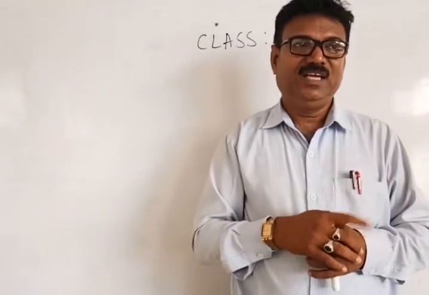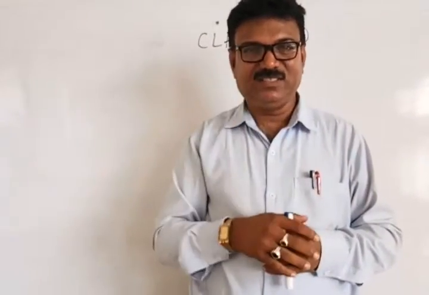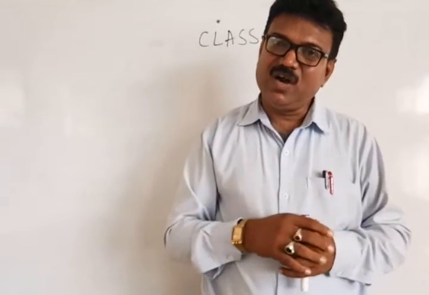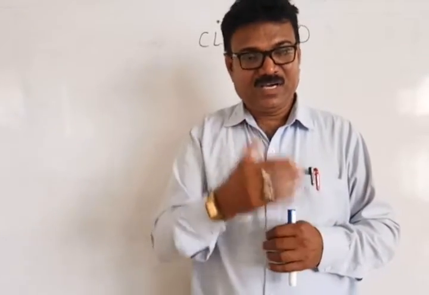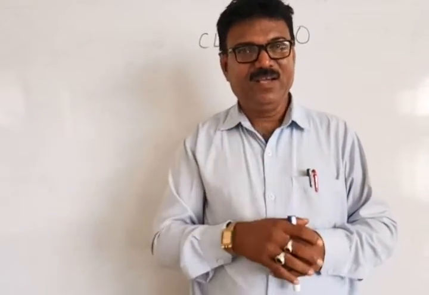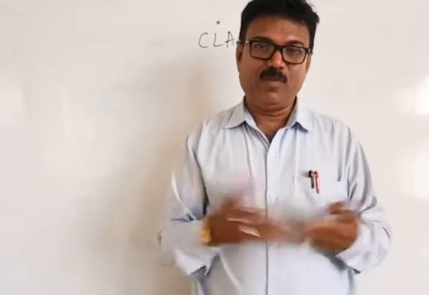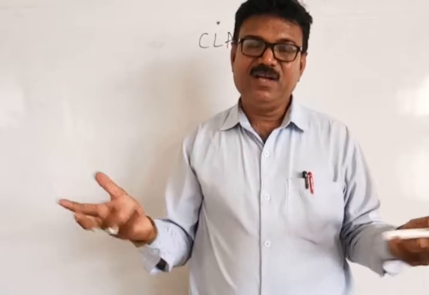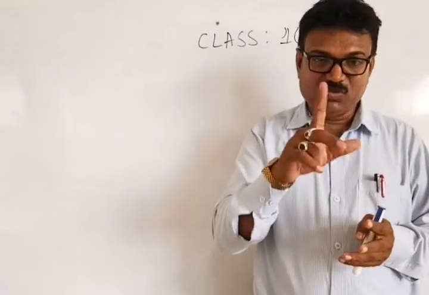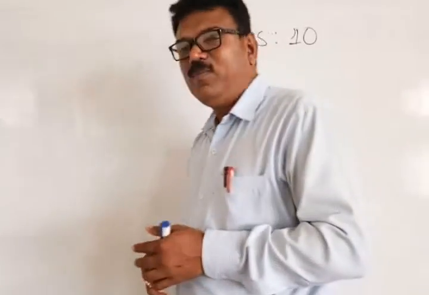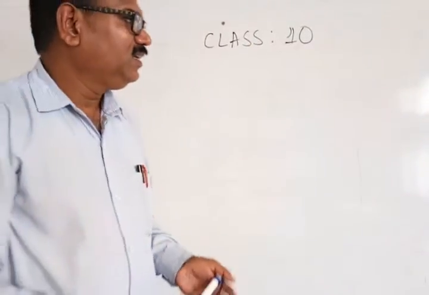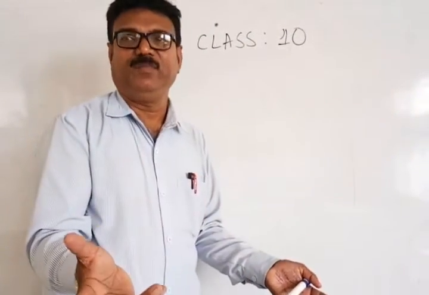If the weather is cloudy, it may rain or it may not rain. Come to mathematics, it will be probably it may rain, probably it may not rain. That means what? Probably means maybe or may not be.